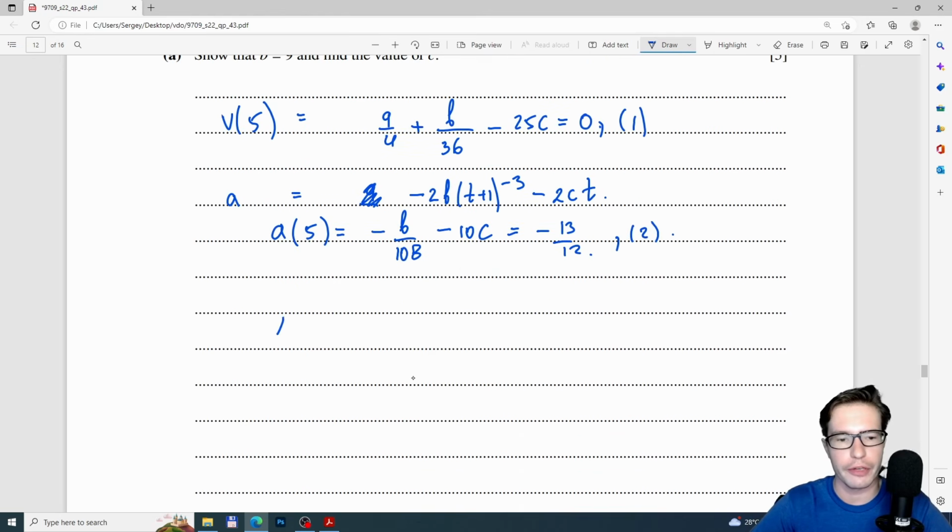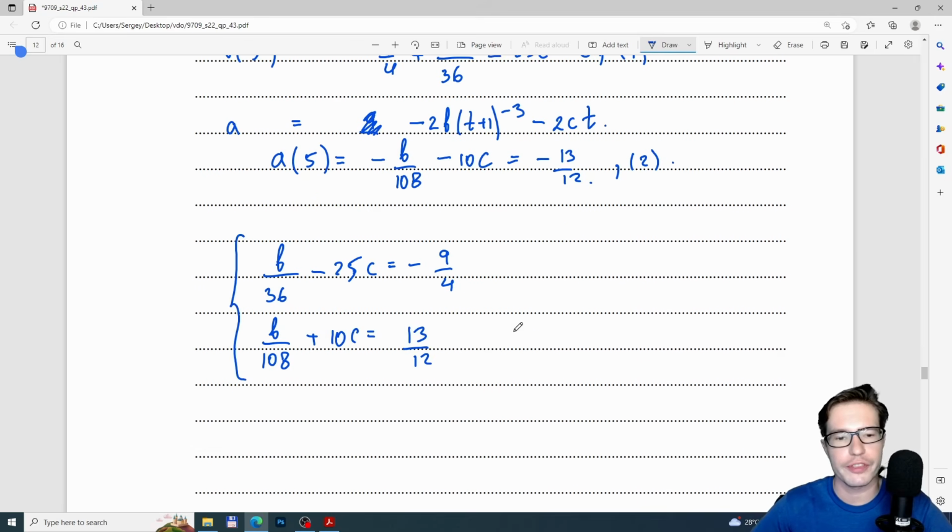Now, first of all, let's rearrange them. So we got b over 36 minus 25c equals negative 9 over 4. And for the second one, we'll get b over 108 plus 10c equals 13 over 12.